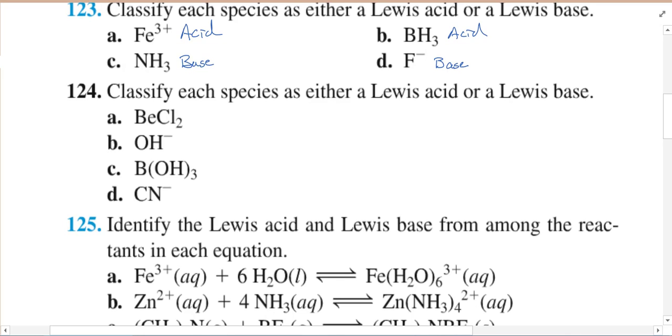So now let's look at this one. BeCl2. Is that an acid or base? Well, chlorine's full. Be has 2 bonds. It can probably accept another lone pair. I bet you that's going to be an acid, because we have Cl, Be, Cl.